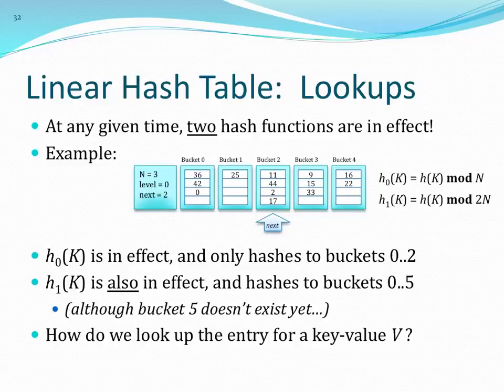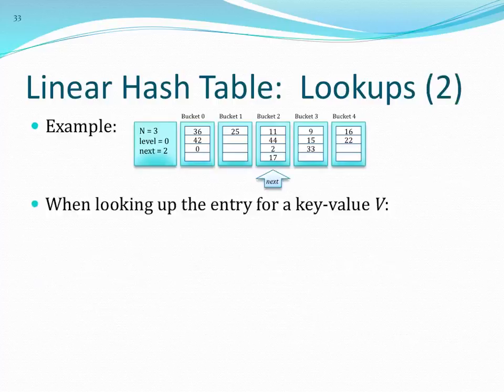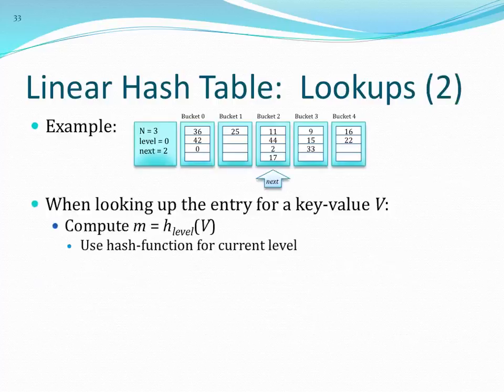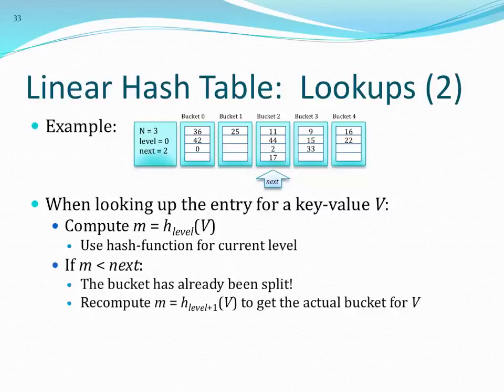I don't have to go touch disk or anything like that. I just apply the next level hash function, and it tells me where to go, as opposed to the current level hash function. So you can see that you have to use both of these hash functions to do the lookup. Okay? So we're looking at the entry for key value v. We compute the current level hash of the value, and we get a value m, and we compare that to next.